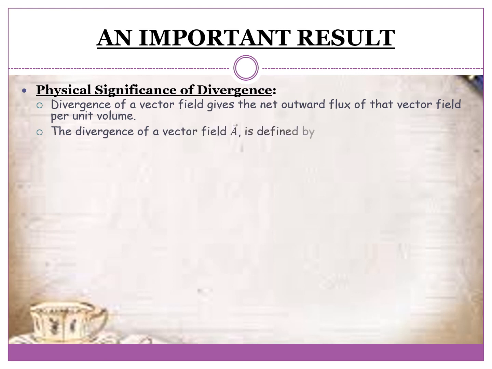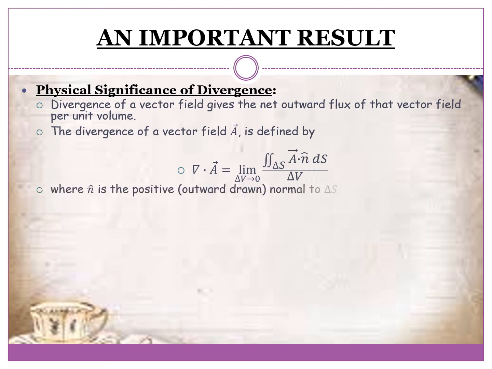The divergence of a vector field A is defined by del dot A is equal to the net outward flux per unit volume. This is the net outward flux from a surface delta S per unit volume, as the volume tends to 0, where n is the positive outward drawn normal to delta S.